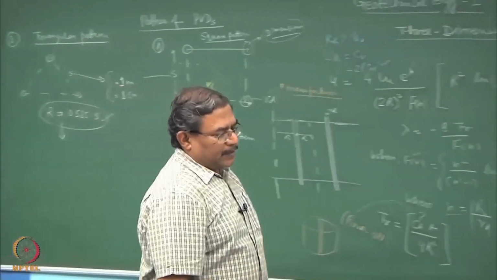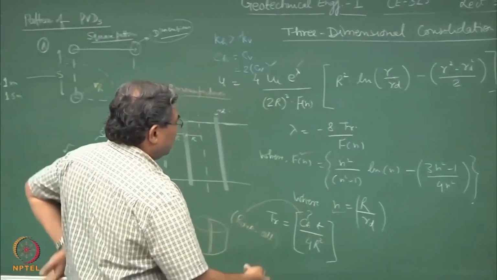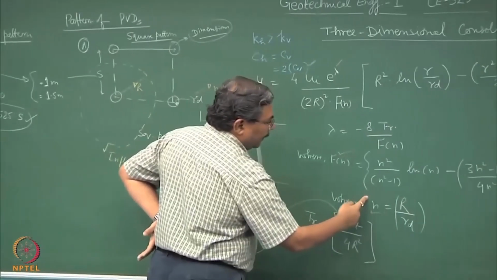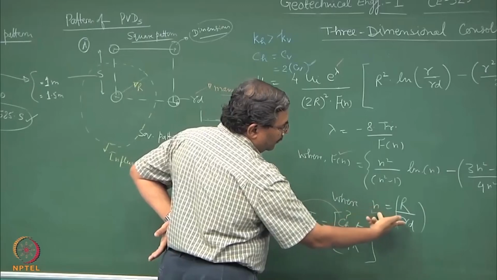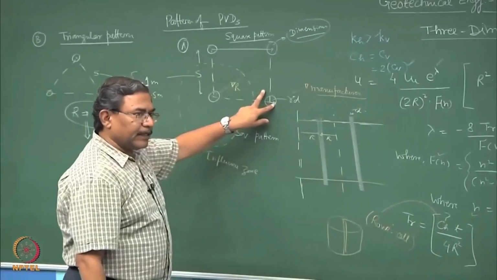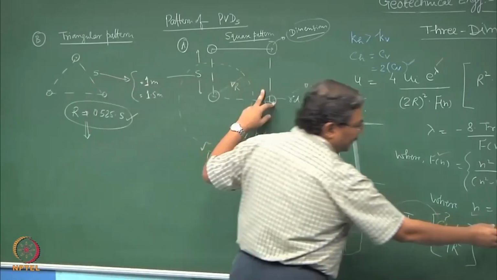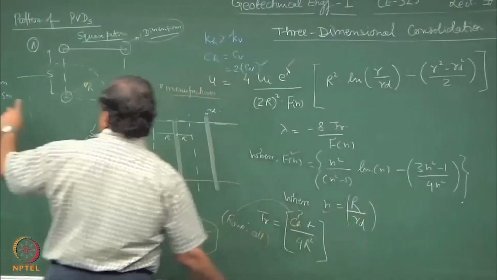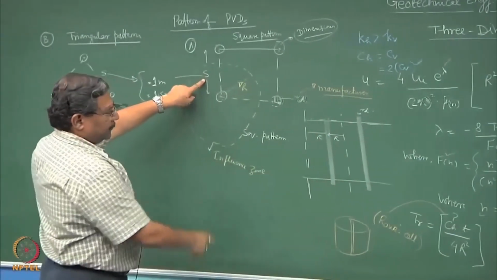Truly speaking, this is a process of optimization, because everything will depend upon the n value, and n will depend upon what type of drain I should be using, what should be the radius of the drain and its properties. So, if I know Rd, if I know the spacing, because R is also a function of S, you must have noticed.